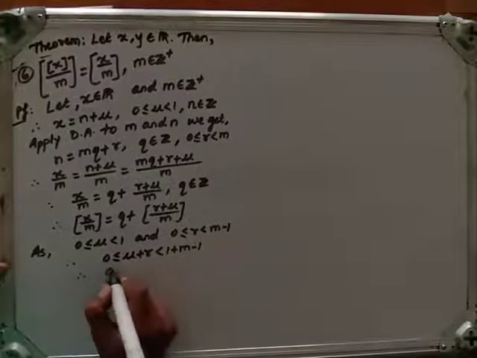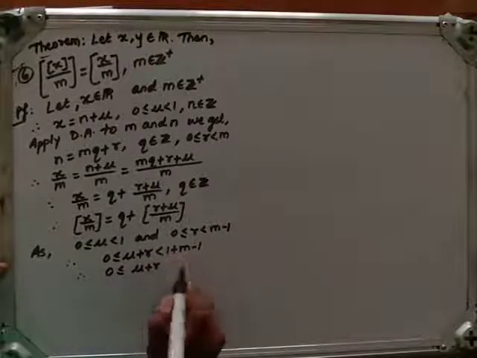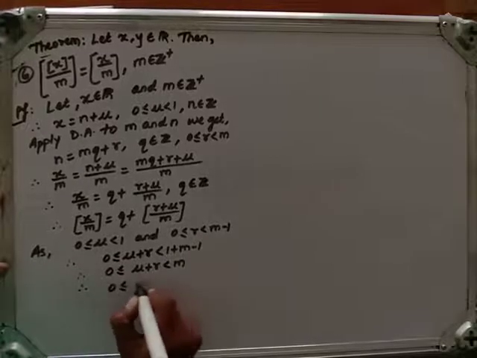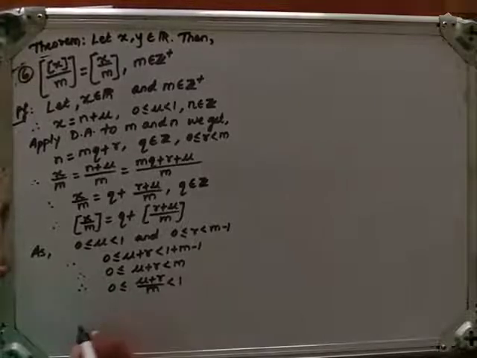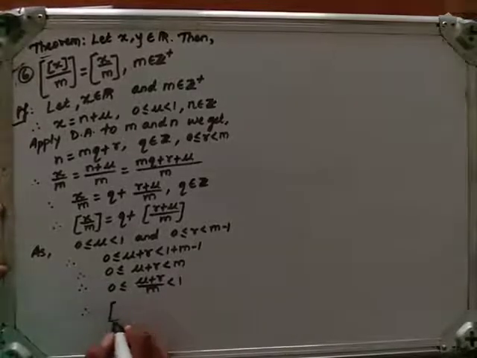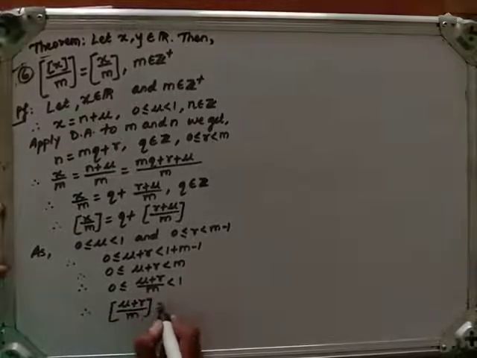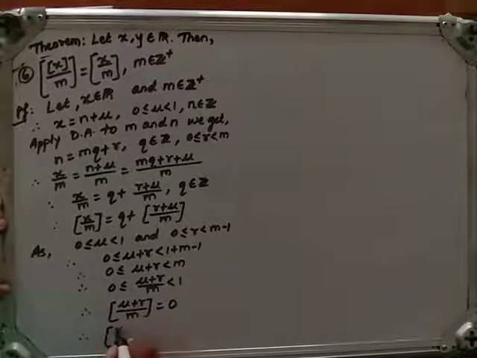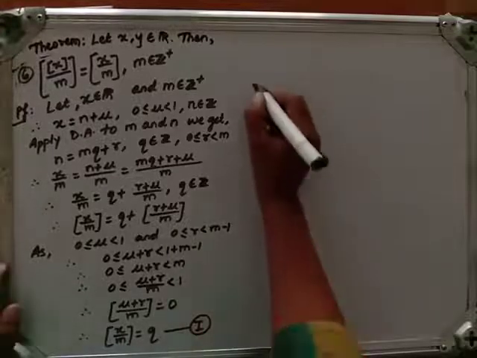Therefore, 0 less equal mu plus r less than m. Therefore, 0 less equal mu plus r upon m less than what? 1. Therefore, we get mu plus r upon m having a greatest integer function of 0. Hence, the greatest integer function of x upon m is how much? q. Call it equation number 1.